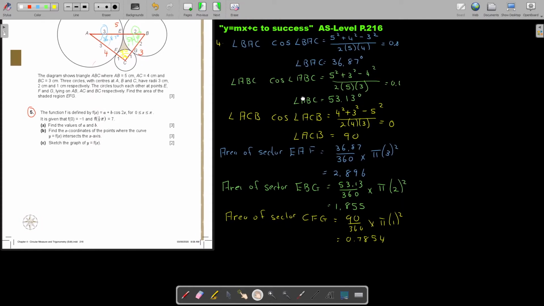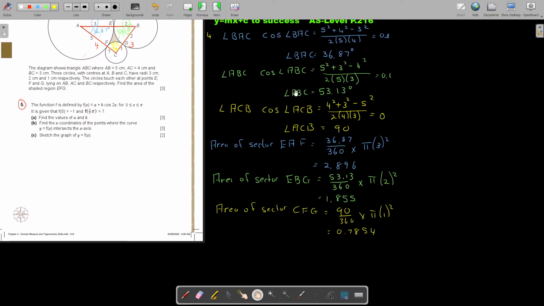Okay, now I just want to make it a bit smaller so that we can see everything. Okay, there it is. Now I'm just going to find first the area of the triangle, and then I just subtract this blue, green, yellow. So what is the area of triangle ABC? And I could have actually made it red because I see it was in red.